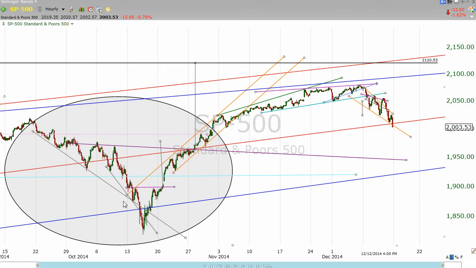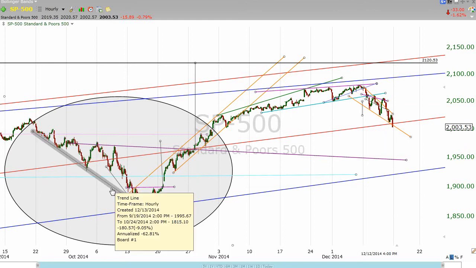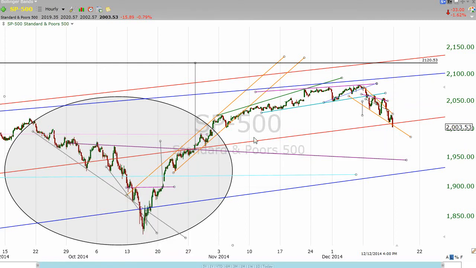This downward move took out our descending support line. This downward move has taken out, by a very small portion, our descending support line. We knew this was over when we finally recovered. We made this little inverted head and shoulders pattern down here.